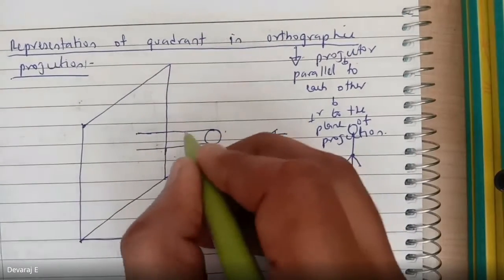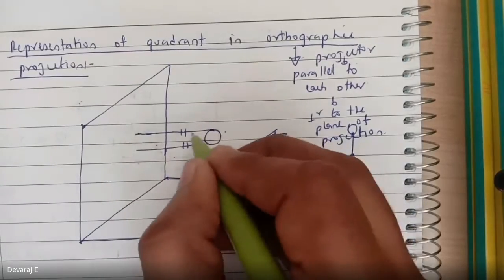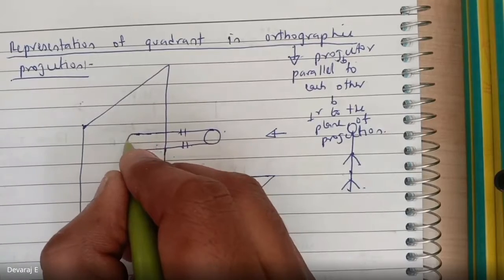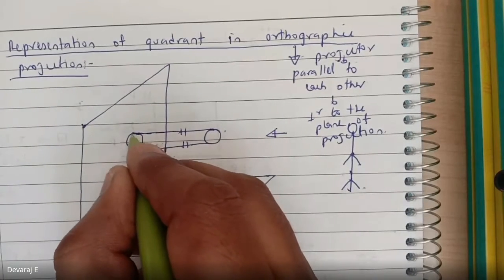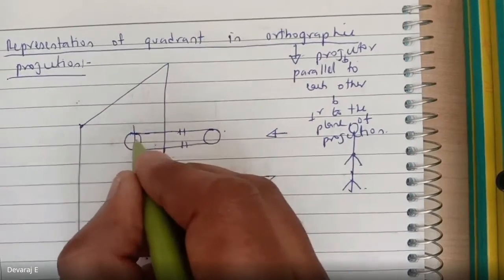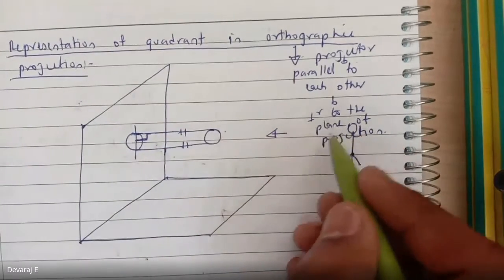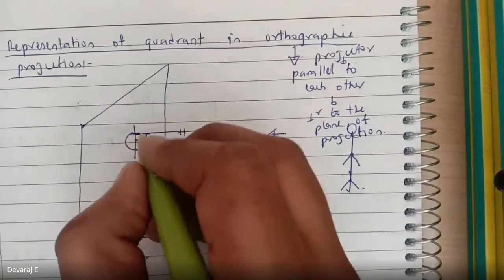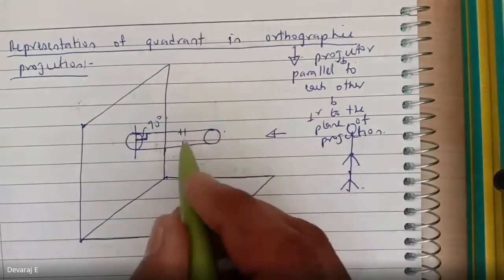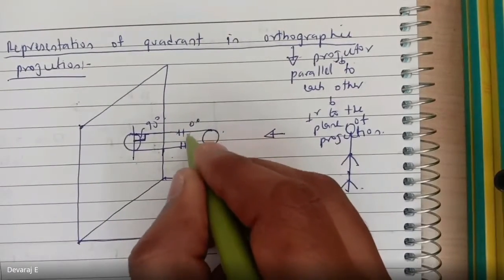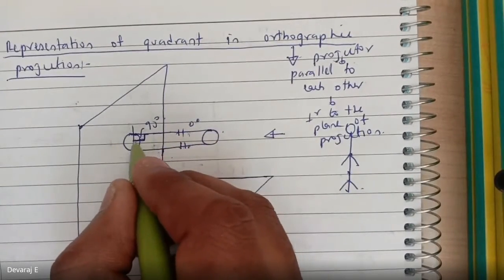And when you draw the front view, it should be perpendicular to the plane of projection, at 90 degrees, and parallel at 0 degrees. So 0 degree parallel to each other and perpendicular to the plane of projection.